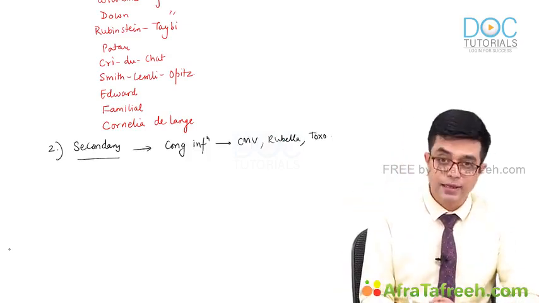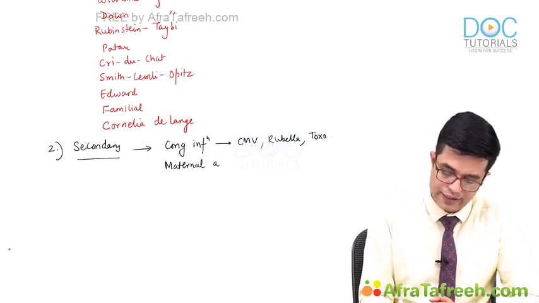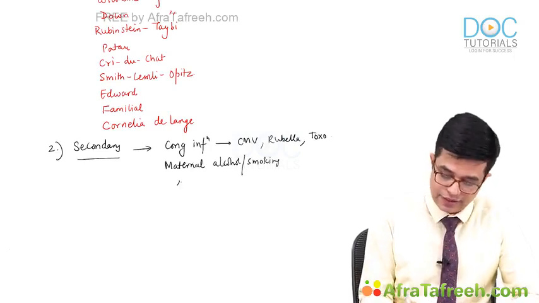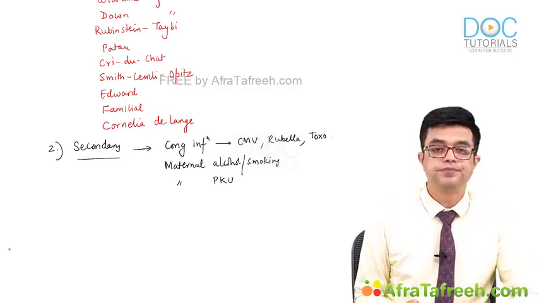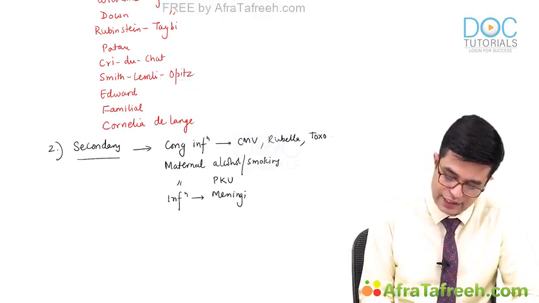Then it can occur in maternal alcohol and maternal smoking. It can be seen in maternal phenylketonuria. It can occur in childhood infections like meningitis and encephalitis.